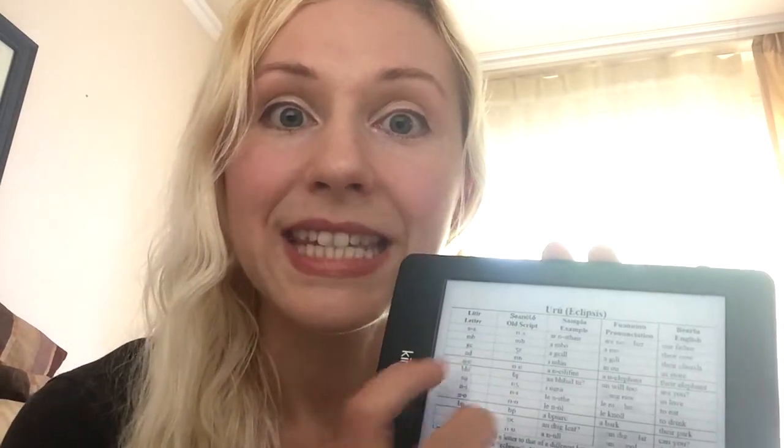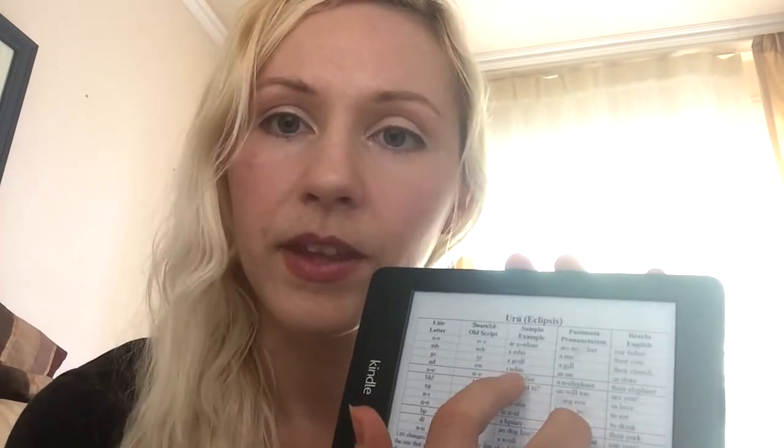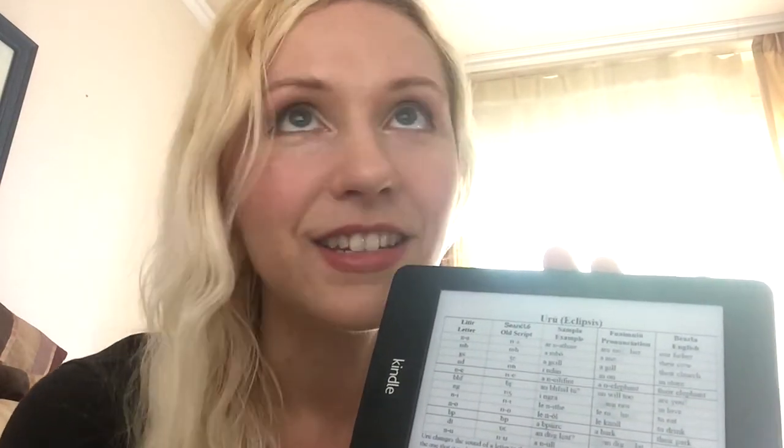Then moving on to D, D takes the uru N, so it changes the sound to N. For example, n-on means in store. And we can see n-d-a-n changes, the D becomes completely silent, forgotten, and the sound is just n, in store.